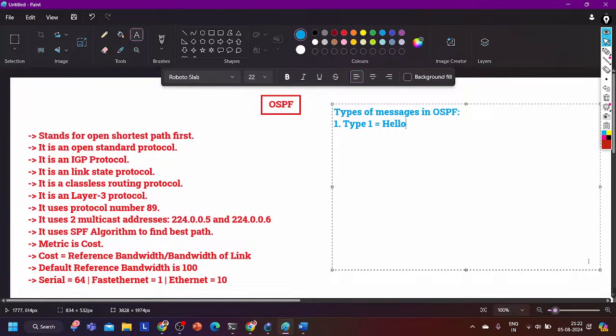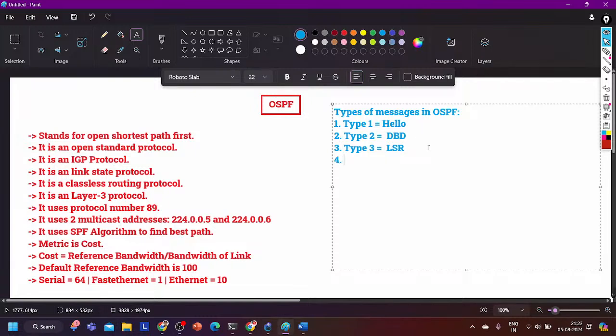If someone asks you what the type 1 message in OSPF is, that is, guys, the hello message. Second, the type 2 message is the DBD message, database description. Third, the type 3 message is LSR, link state request.